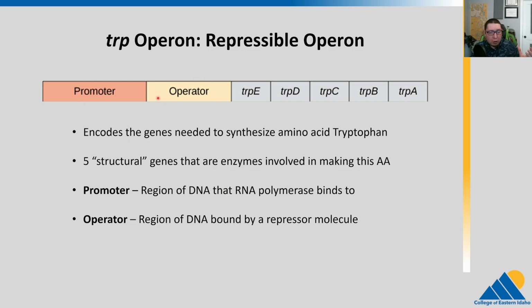The operator is a region of DNA that can be bound by what we call a repressor molecule. When the repressor molecule binds to the operator, it sits there and it literally blocks the DNA, and RNA polymerase cannot move past that repressor molecule. We need that repressor molecule to be removed for RNA polymerase to be able to transcribe this. So let's look at the situations where it's bound or not bound there.